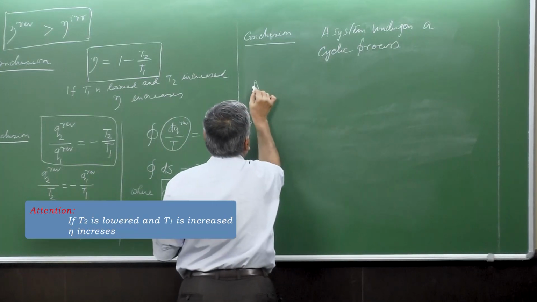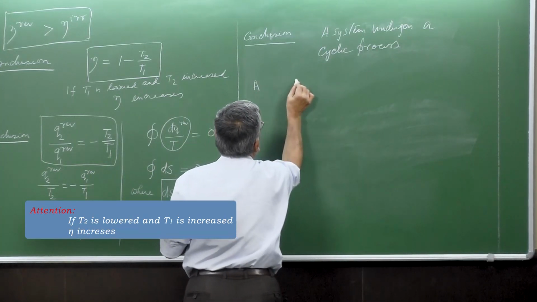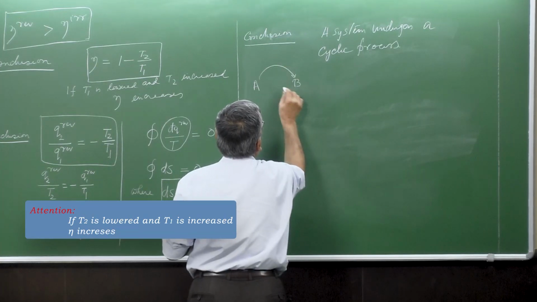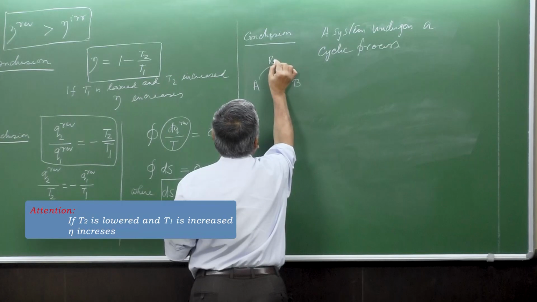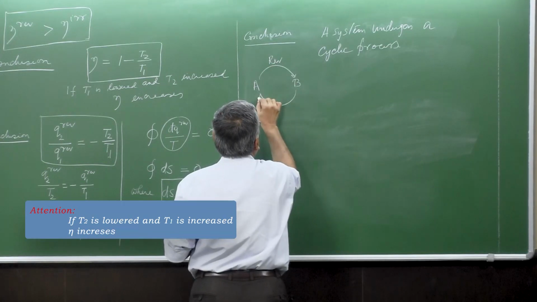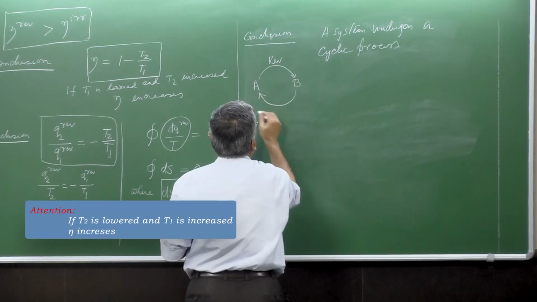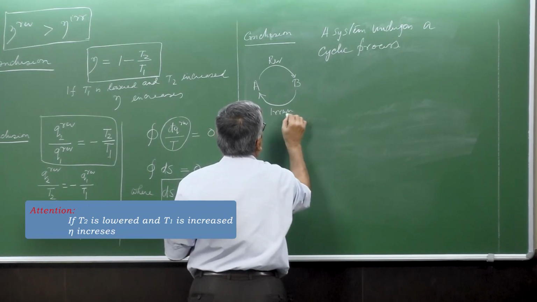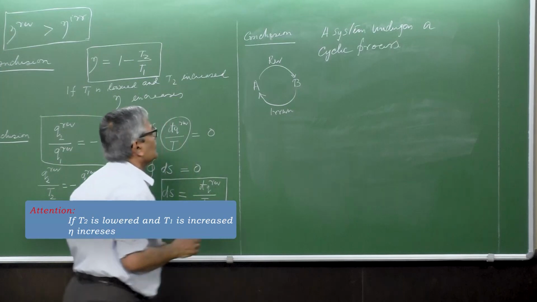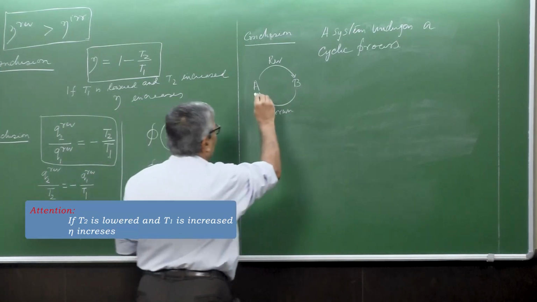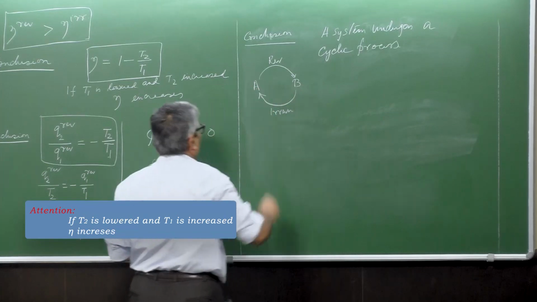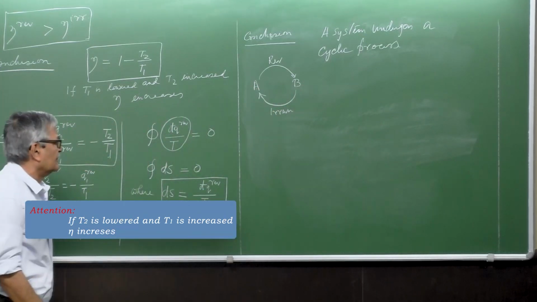A goes to B, there are two states, A goes to B reversibly and B goes to A irreversibly. So I have chosen a path such that I go from A to B through a reversible path and come back to my original A, that is irreversible.